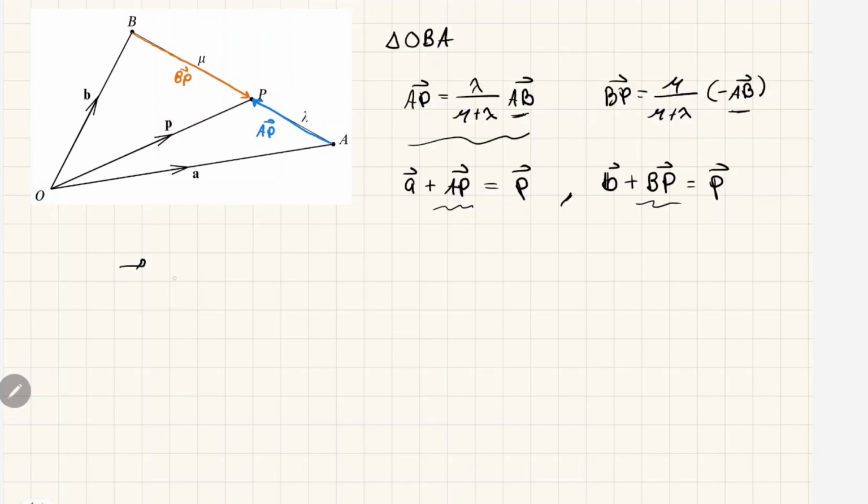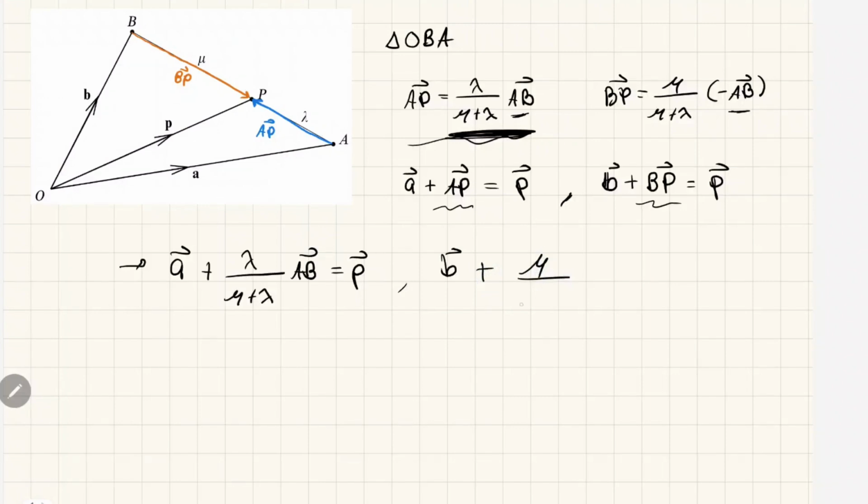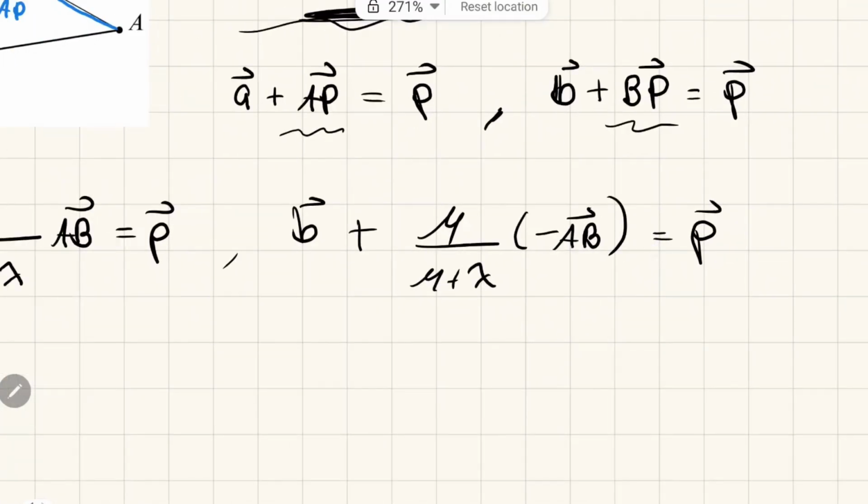So for example, the first equation will be A plus AP, but AP is lambda divided by mu plus lambda AB, equals P. And then the second equation will be B plus mu divided by mu plus lambda times minus AB, and this is equal to P. We can take this minus sign outside.